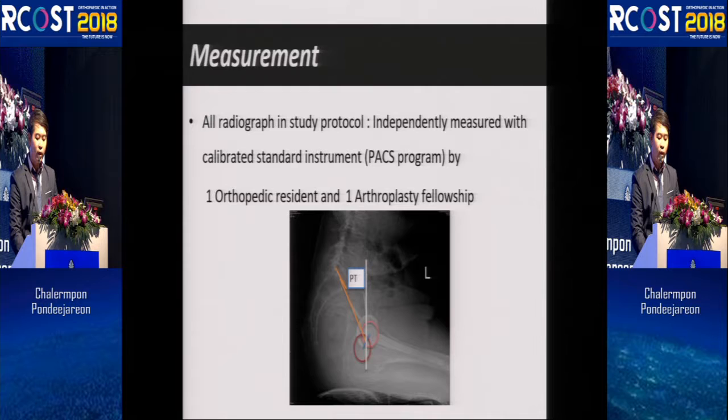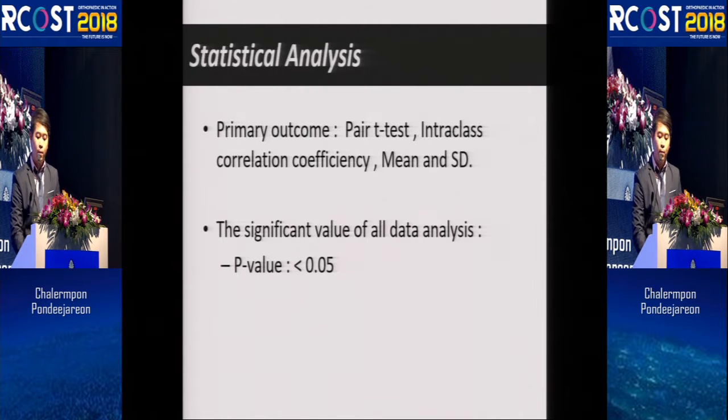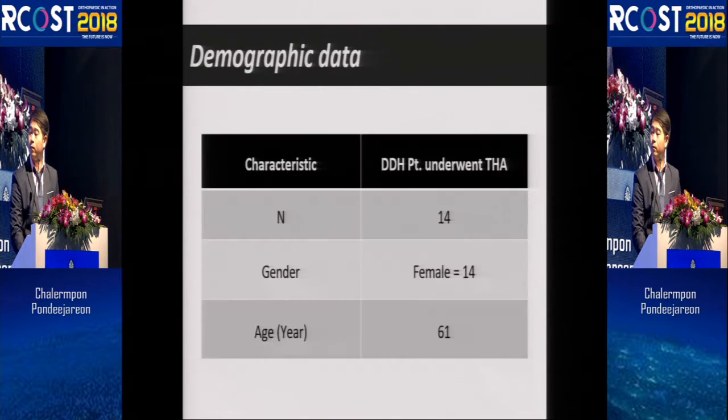All radiographs were independently measured with a PACS digital X-ray by two orthopedists, a total of 3 times. The primary outcomes are the pelvic tilt angle in standing and sitting position and the pelvic tilt difference. Significant change is defined as p-value less than 0.05.